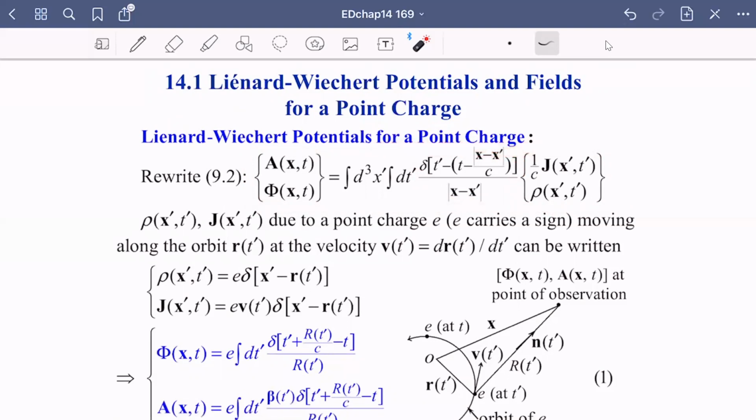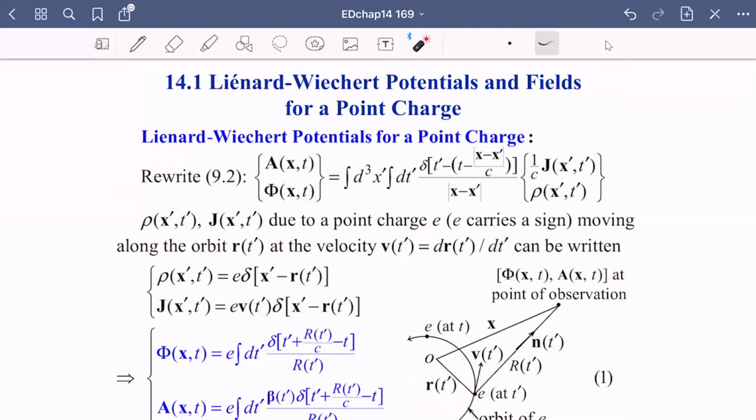For a point charge, rho and J due to a point charge E. E can be positive, can be negative. So E carries a sign moving along the orbit. So the charge moves along the orbit here. Moves smoothly. That's the orbit of the moving charge.